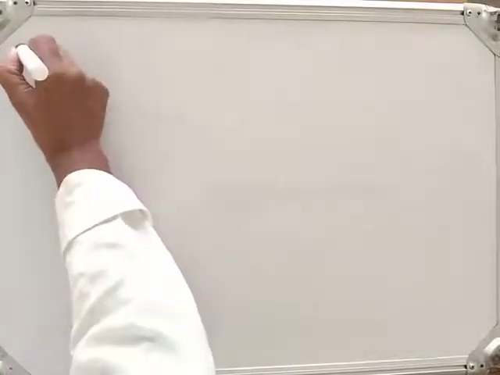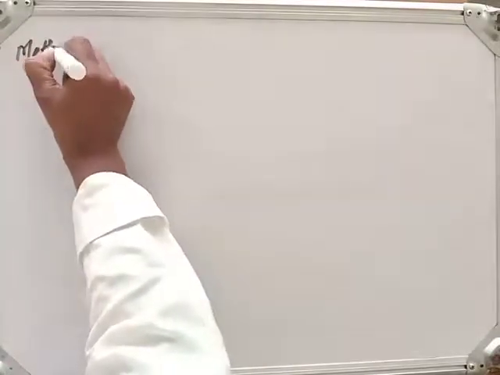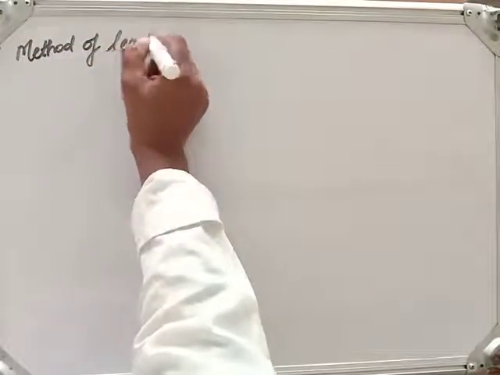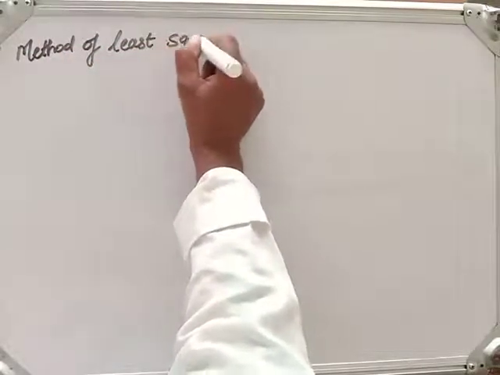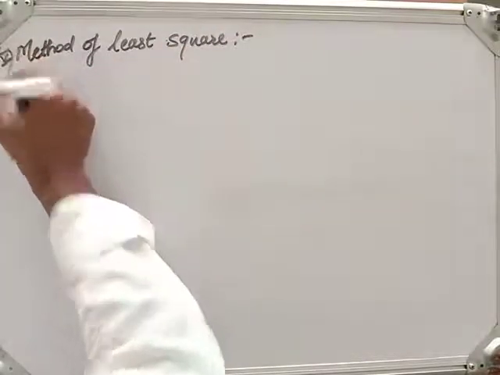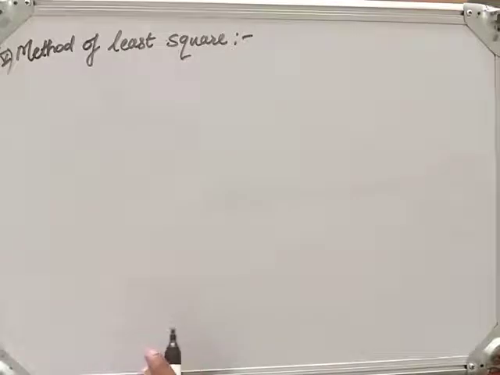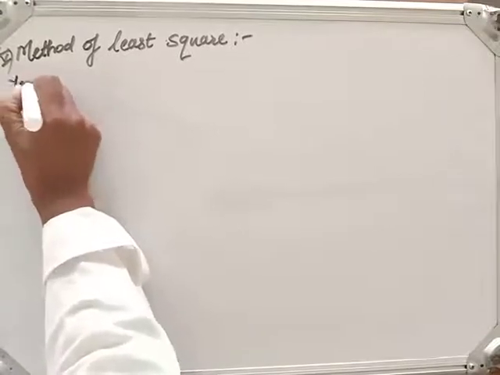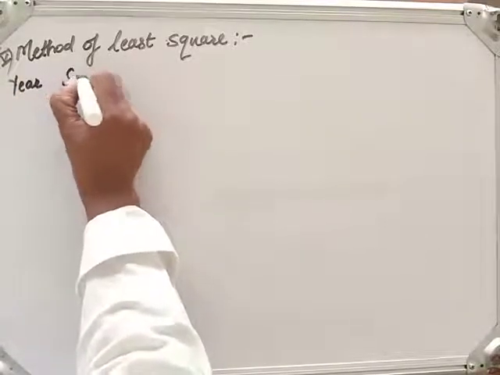Method of least square. This is the 5th method, right? Example for this: suppose year and sales are given.